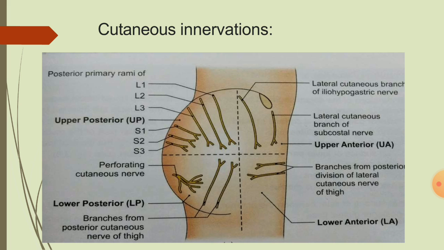The superomedial quadrant is supplied by the posterior rami from L1, L2, L3 and the upper posterior part of S1, S2, S3. The inferior quadrant is supplied by the perforating cutaneous nerve and the lower posterior branch from the posterior cutaneous nerve of the thigh. Then the inferolateral part is supplied by branches from the posterior division of the lateral cutaneous nerve of the thigh.